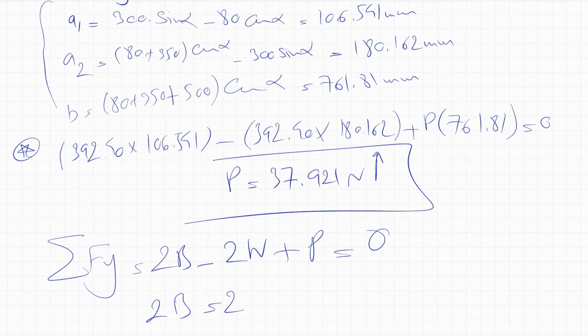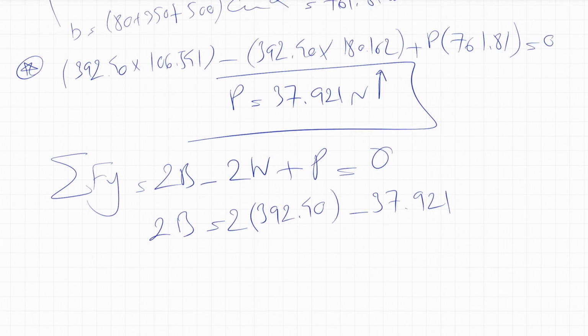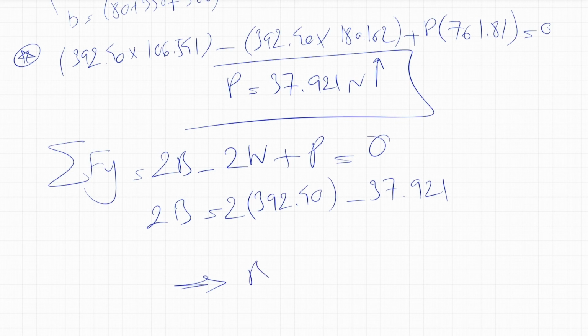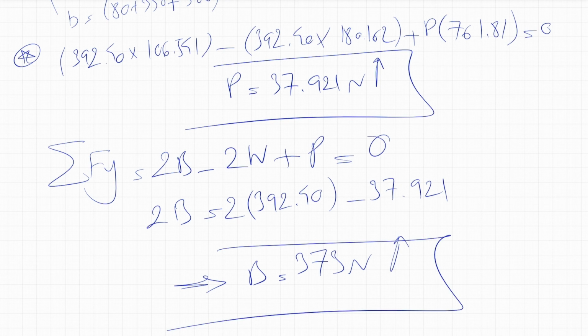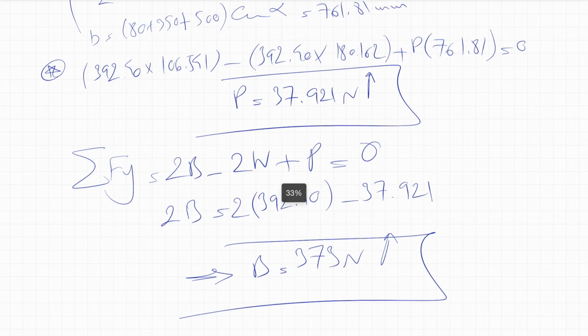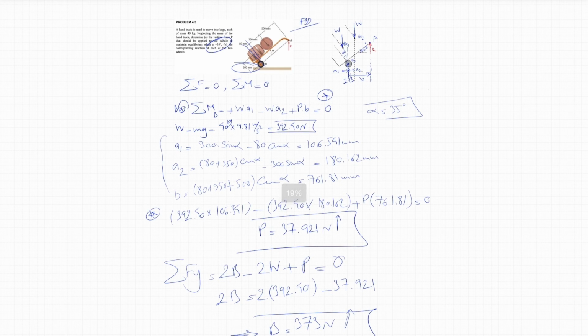So 2B will be 2 times the weight, which was 392.40, and we found P 37.921. From here we can find the reaction at each wheel, which will be 373 Newton. And that would be the final answer for this question.